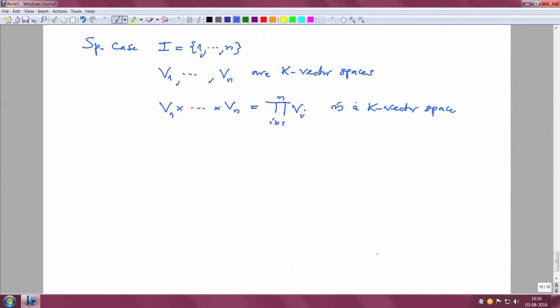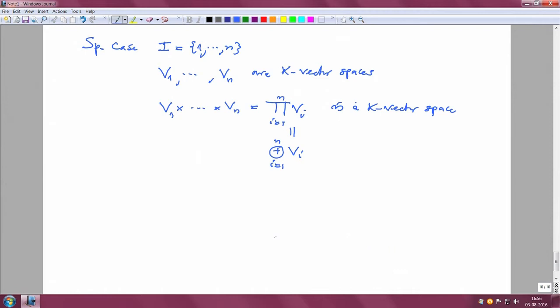In this case, what is the difference between these two? There is no difference, because there are only finitely many vector spaces given. So every tuple has almost all vectors in the tuple equal to 0, since only finitely many can be non-zero. Now everybody is allowed.